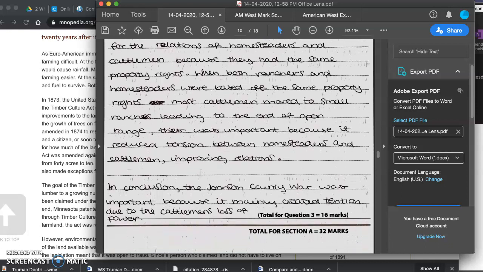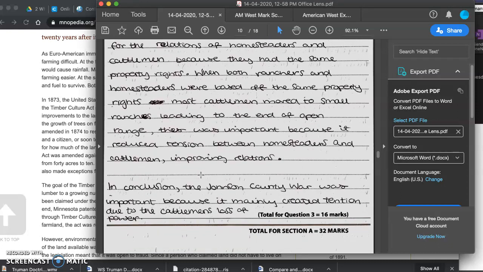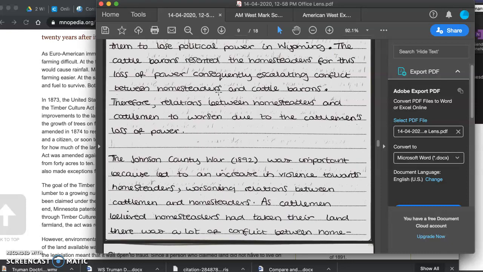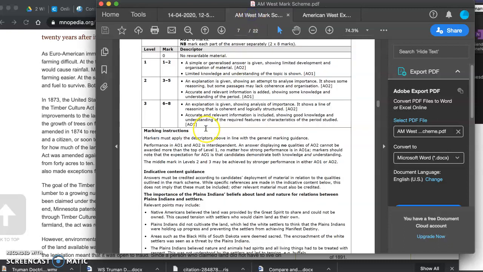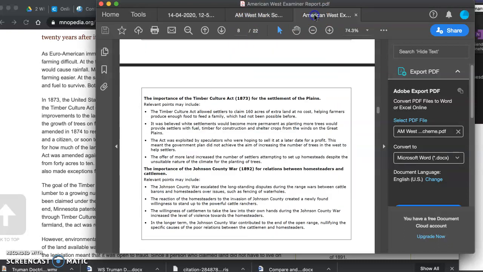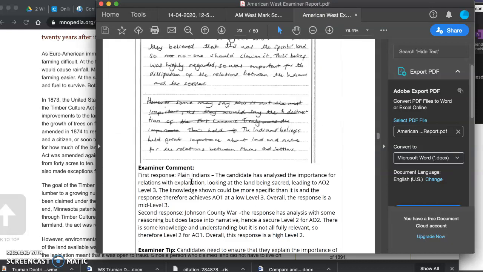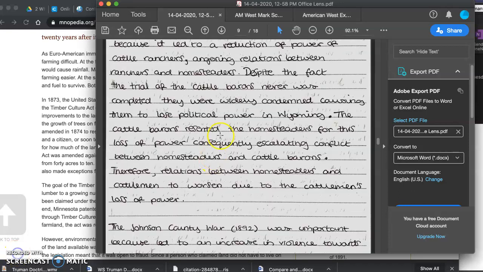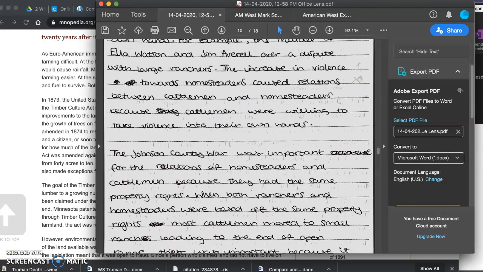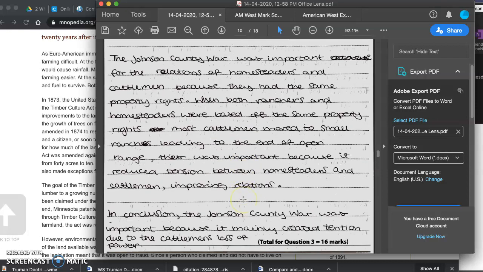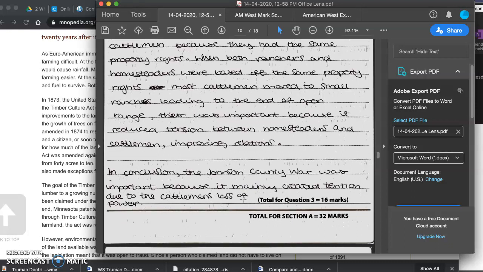The end of the open range was important because it reduced tension between homesteaders and cattlemen, improved the relations, but also created tension due to cattlemen's loss of power. So let's have a look at this. Yeah, we're looking for 2 well-developed explanations, and you talk about the actual events, and you talk about the relations between the cattle ranchers and the homesteaders.